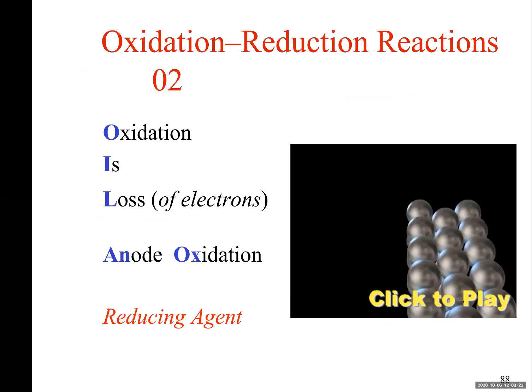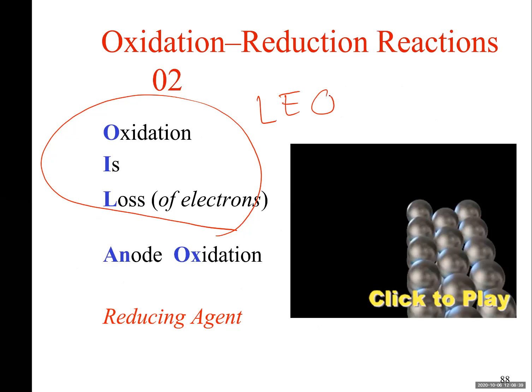And if I go to the next slide, again, the definition: oxidation is loss of electrons. Loss of electrons is oxidation. LEO. And whatever is oxidized is defined as the reducing agent.